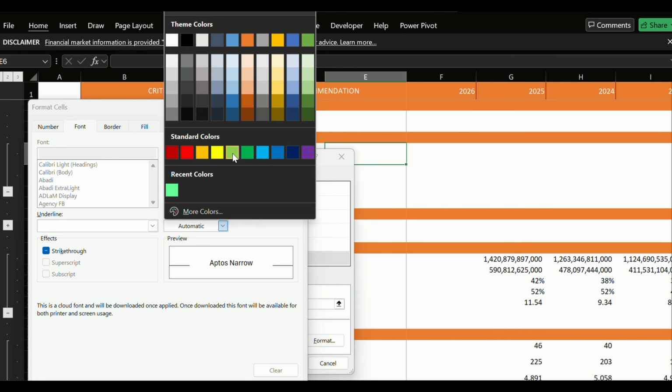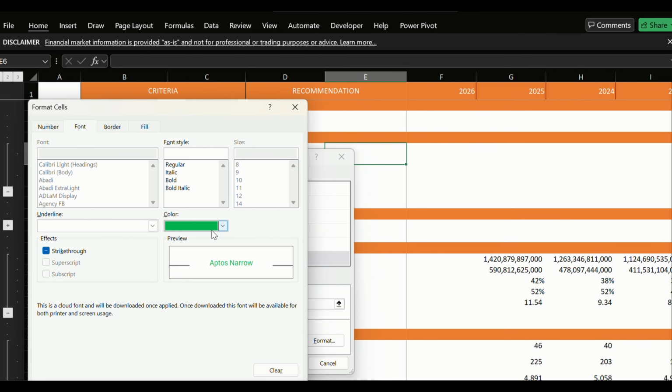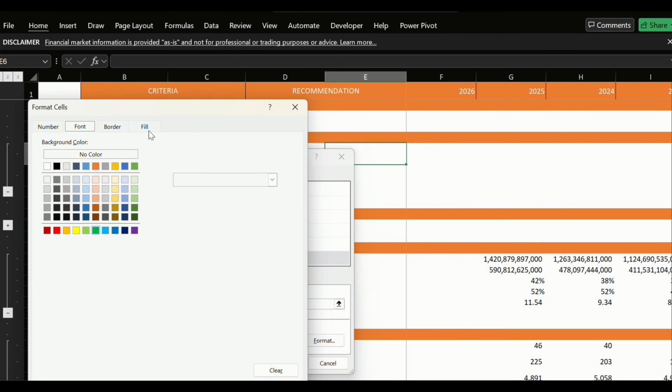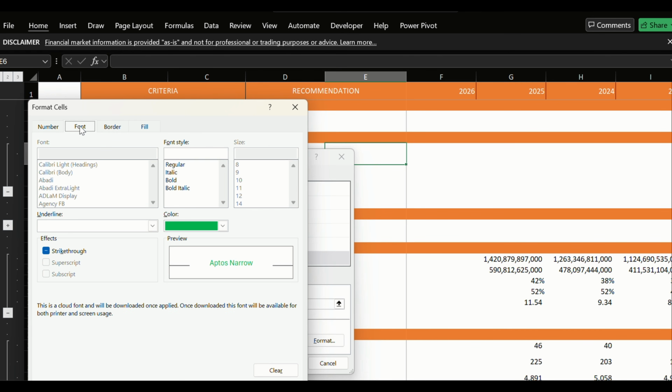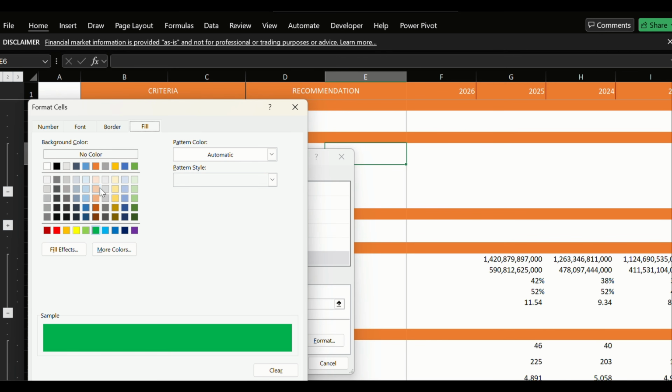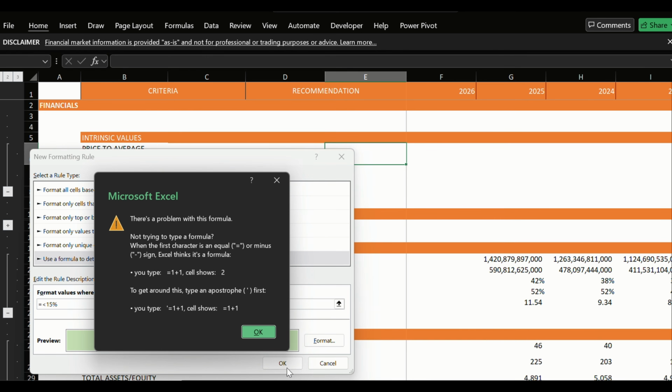Set the fill to very light green and we're good to go. Okay.